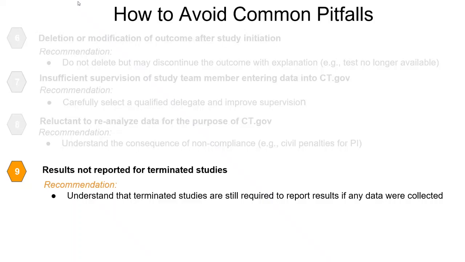But if no participant was enrolled and the trial was terminated, then the enrollment number to be updated will be 0, and no results would be required to be submitted in such cases. So please understand that terminated studies are still required to report results if any data were collected.